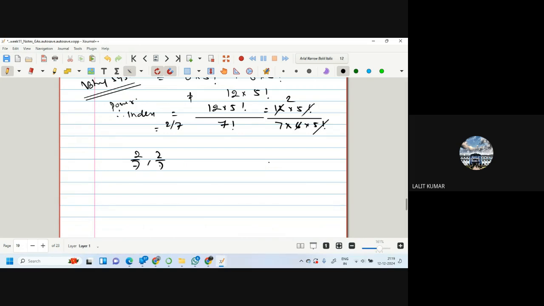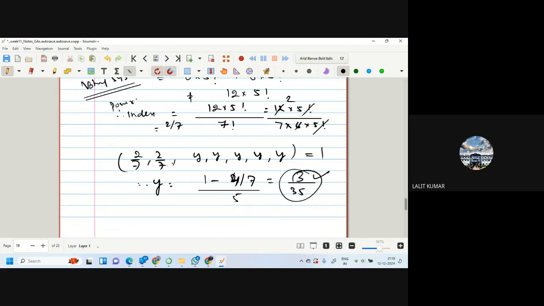And to find the 8's, for 40 it was 2 by 7, and for 8, let it be y. The summation is 1. Therefore y is equal to 1 minus 2 by 7, divided by 5. 7 minus 2 is 5, so 5 by 7 divided by 5... 1 minus 2 by 7 gives 5 by 7, which divided by 5 gives 1 by 7... Correcting: the result is 3 by 35. Okay, this is the answer.